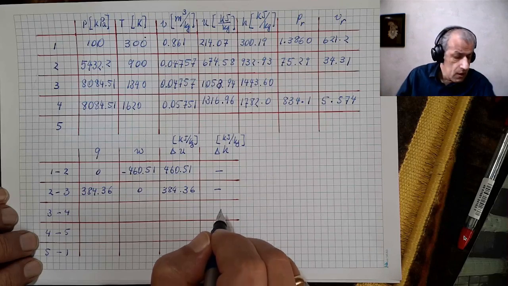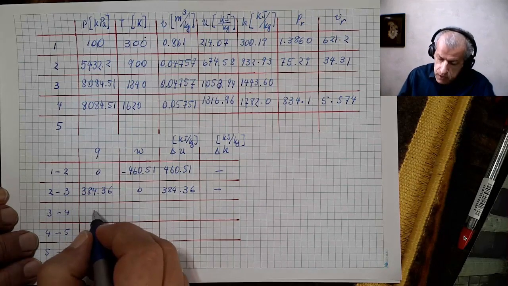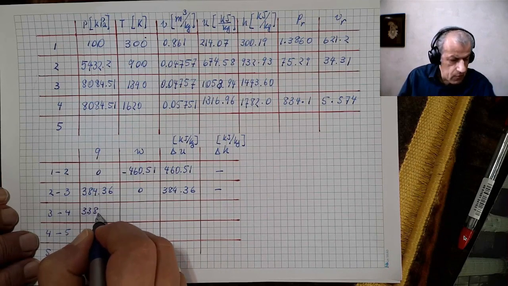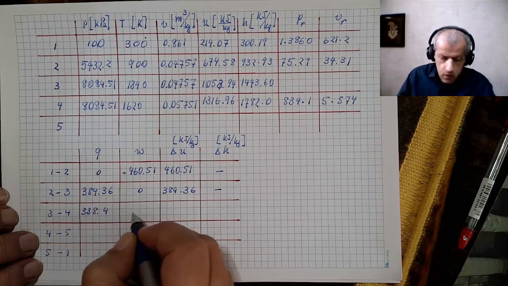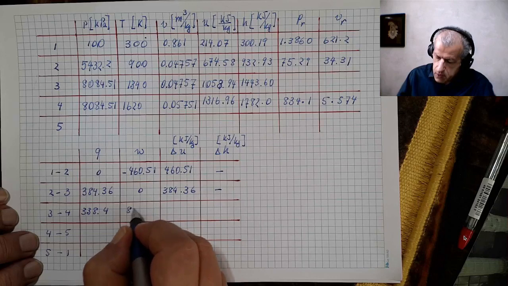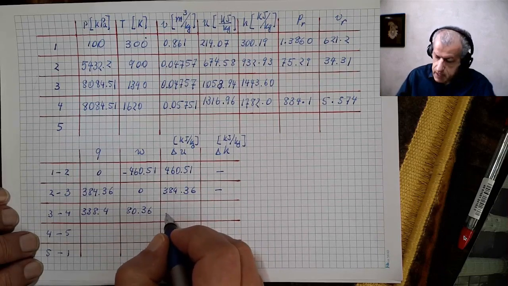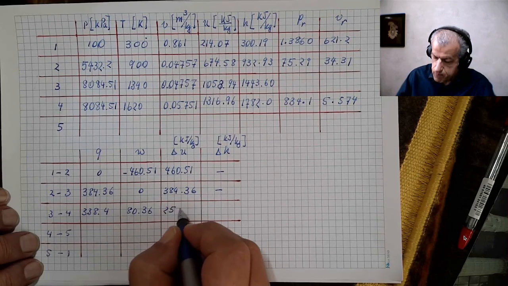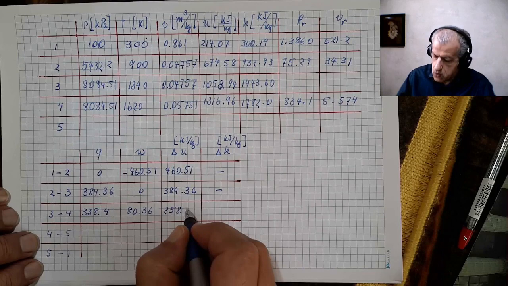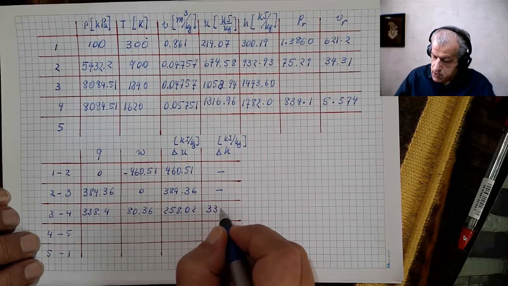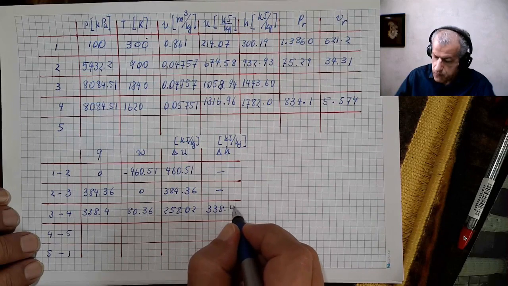3-4. For process 3-4, Q is 338.4. Work is 80.36, and delta U is 258.02, and delta H is 338.4.